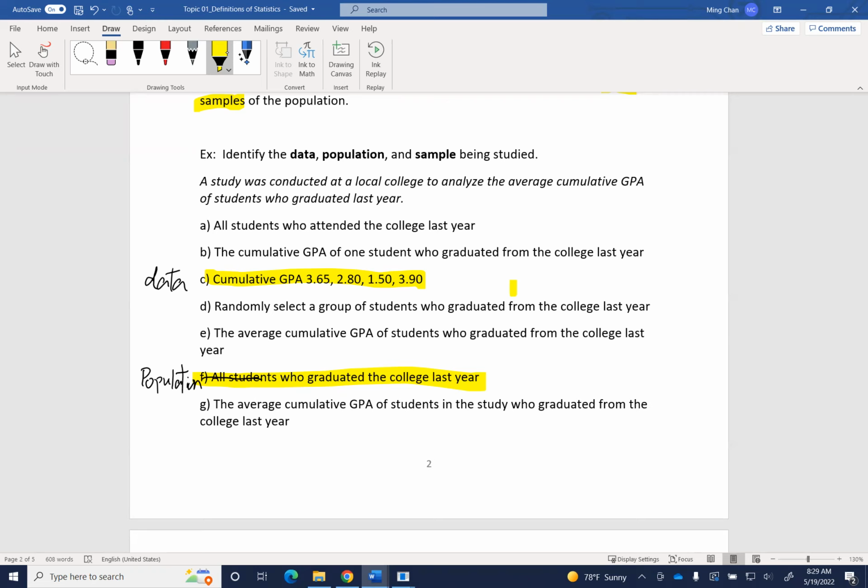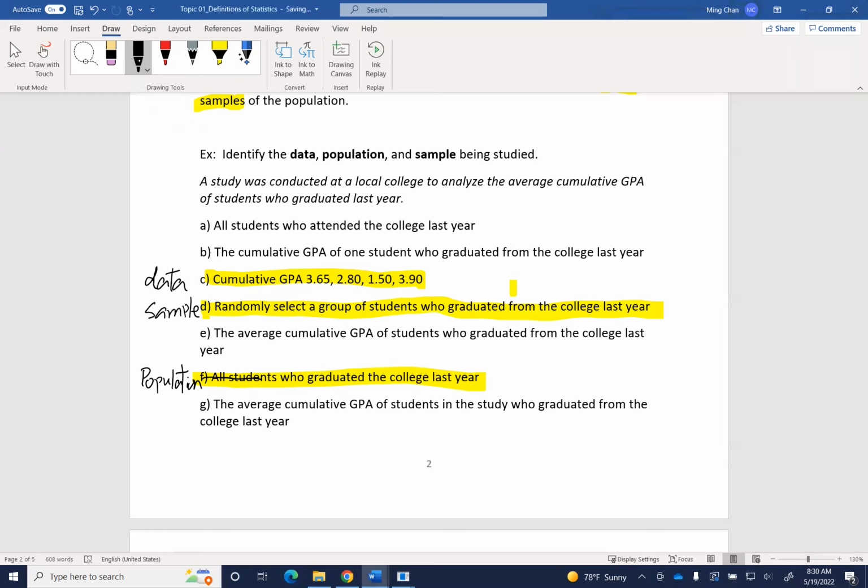All right, what are the samples? Randomly selected a group of students who graduated from the college last year. That will be the sample, because I'm looking for the GPA of the students who graduated last year.